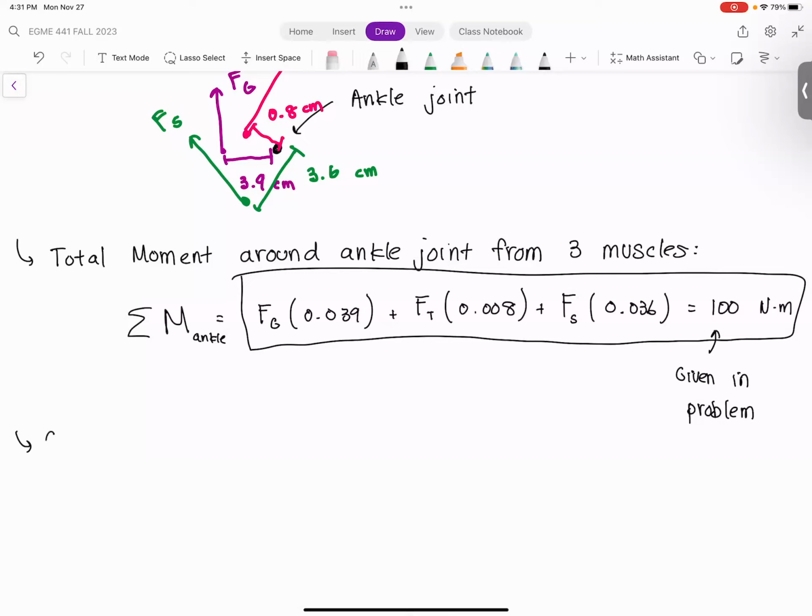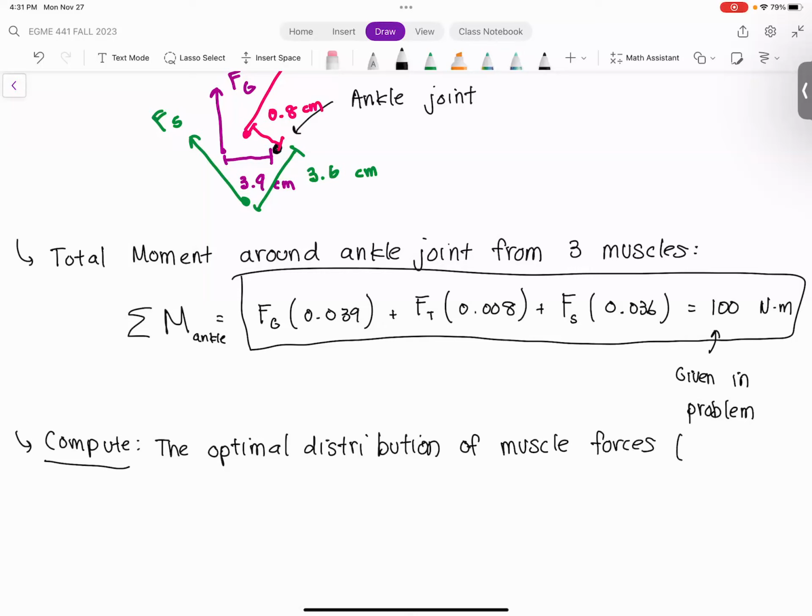So we want to compute the optimal distribution of muscle forces, and so that's values for FG, FT, and FS.